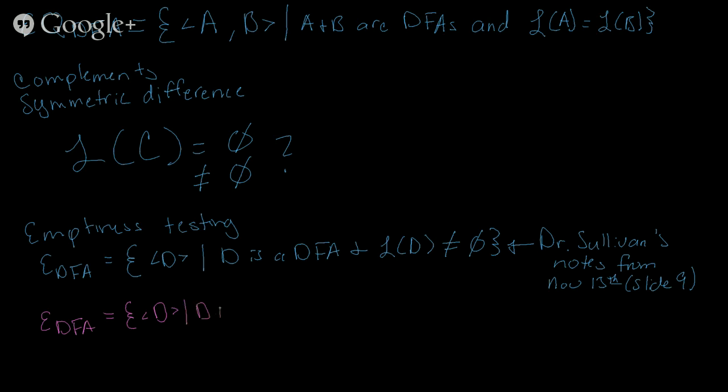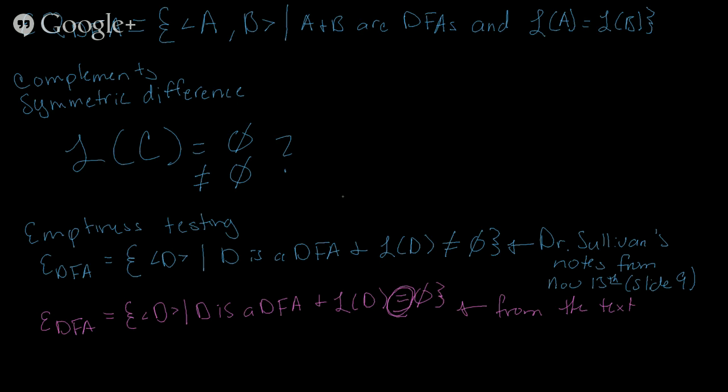So D is a DFA, and the language represented by D is the empty set. So this right here is what you need to make sure that you look at when you are doing your homework. This was from the text.